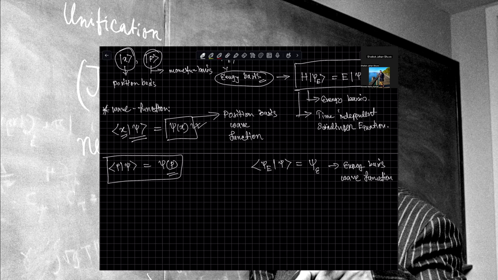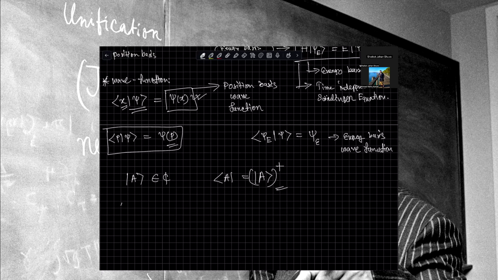So we now have some representation for the abstract kets. A similar argument goes for the bras as well, because let's say you have some ket, and the elements of this ket are in general complex numbers. The bra of this is defined through the Hermitian conjugate of this. So once you have this, you are finding a representation for the bra.